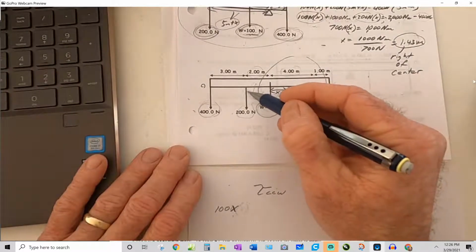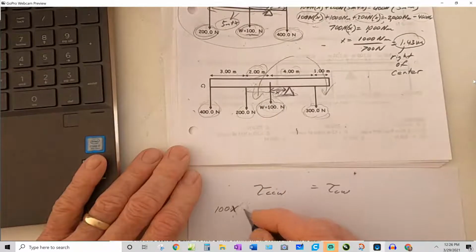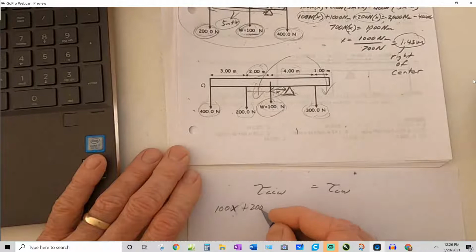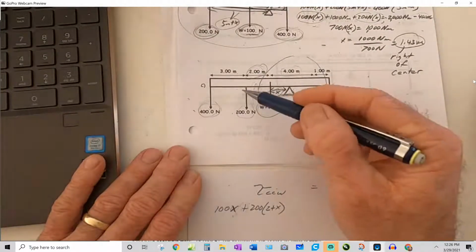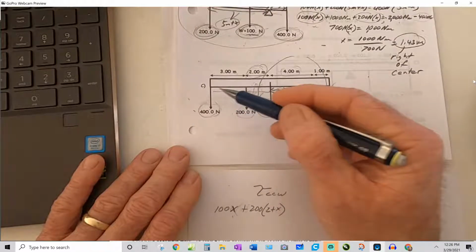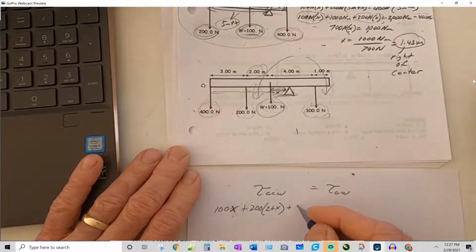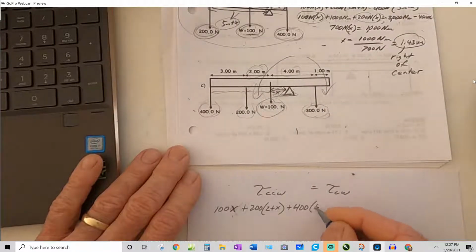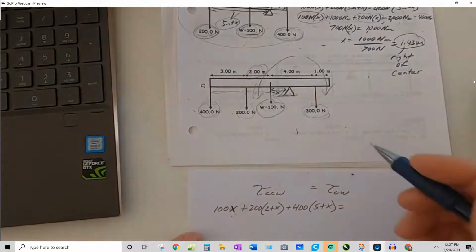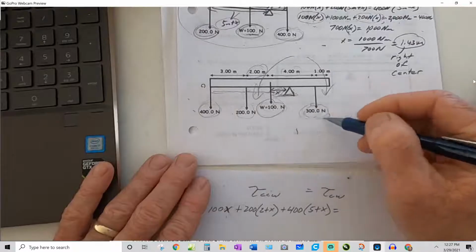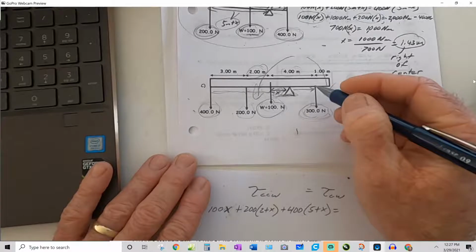So this distance from the fulcrum to there is 2 meters plus x. So this is going to be 200 times 2 plus x. And this is 5 meters from the fulcrum plus x. So it's going to be 400 times 5 plus x. And now for my clockwise, there's only one thing that's going to be contributing clockwise, and that's this.